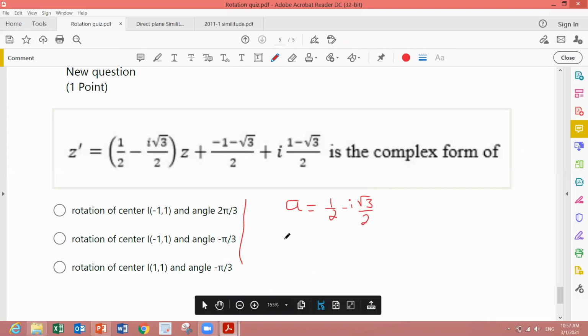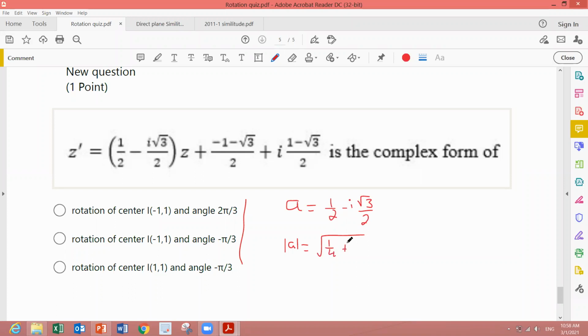The modulus of A equals the square root of 1 over 4 plus 3 over 4, which equals 1. This is why it is a rotation.